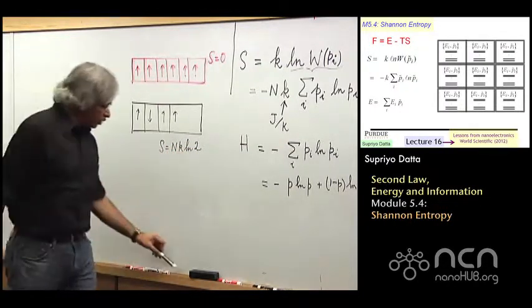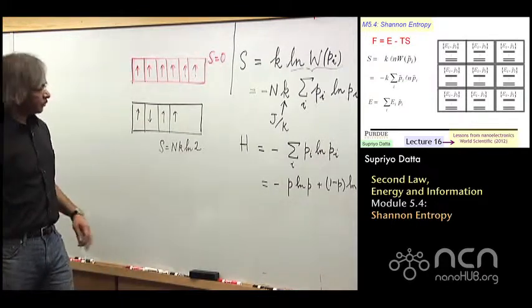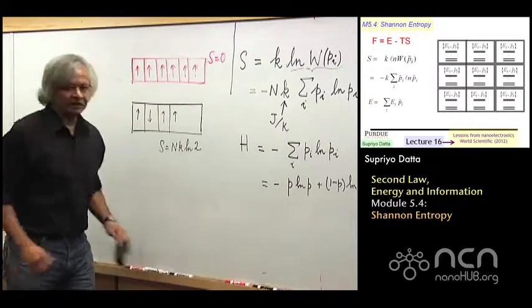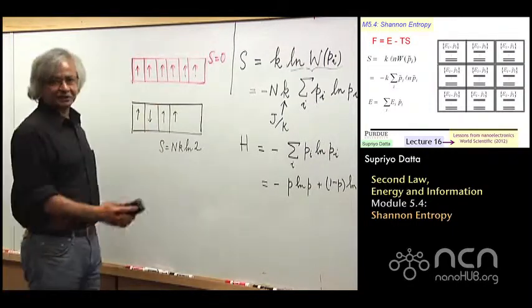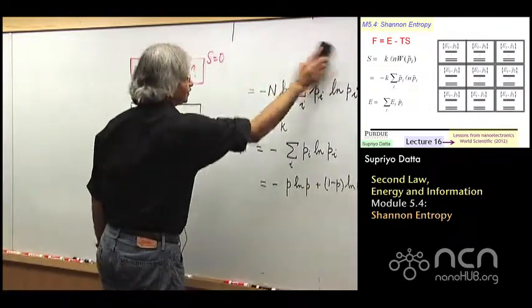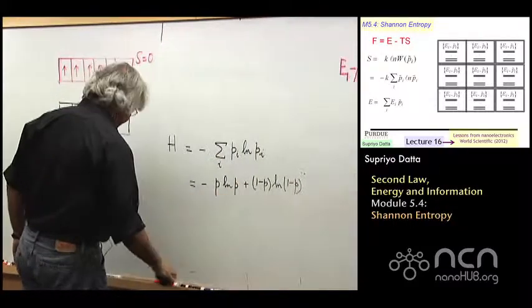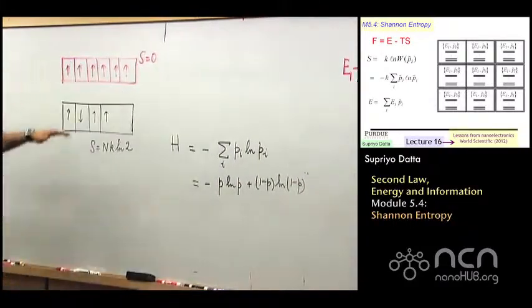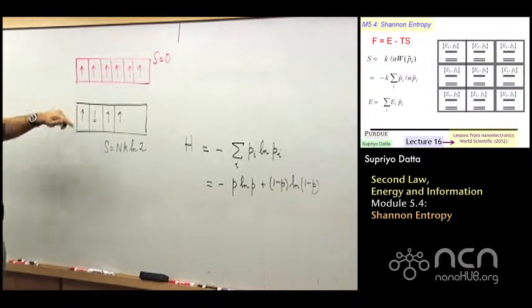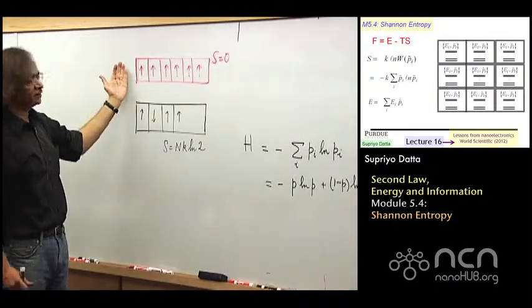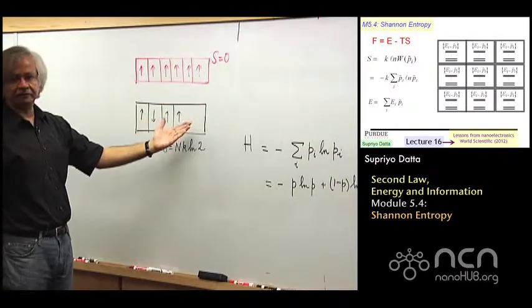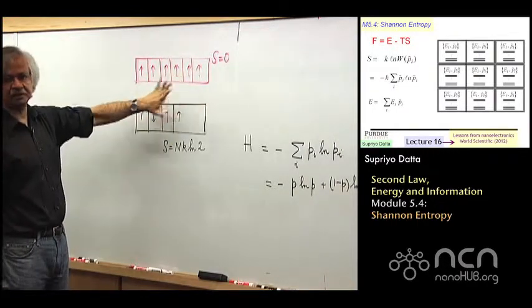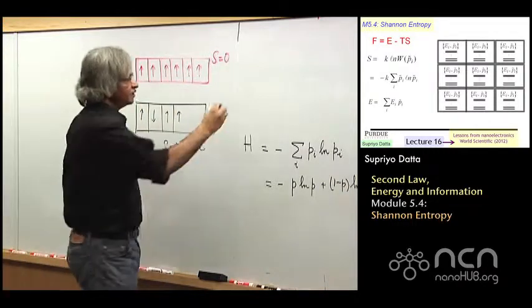So this is a case where, if you looked at the free energy change, this concept that I had mentioned earlier in the context of entropy, the total energy is the same here and here, because these are non-interacting spins. Doesn't matter if they're all in the same direction or if they're random. The energy hasn't changed, but the free energy is changing.